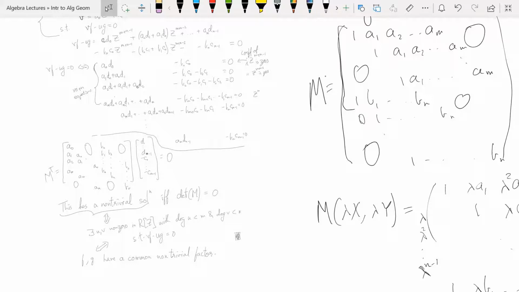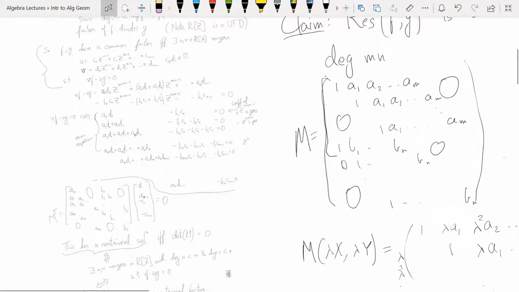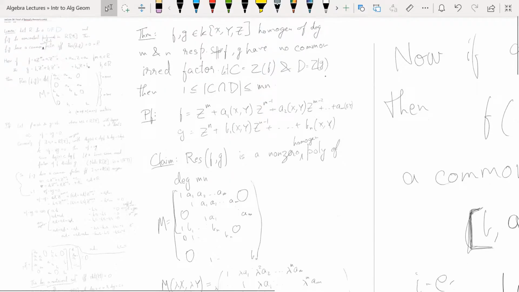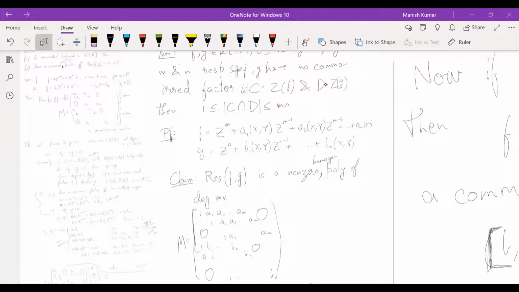Application-wise, it doesn't change anything, even though the statement was not correct. Now at least we have the right statement and the right proof. Is this clear, everyone? Any questions on the proof?